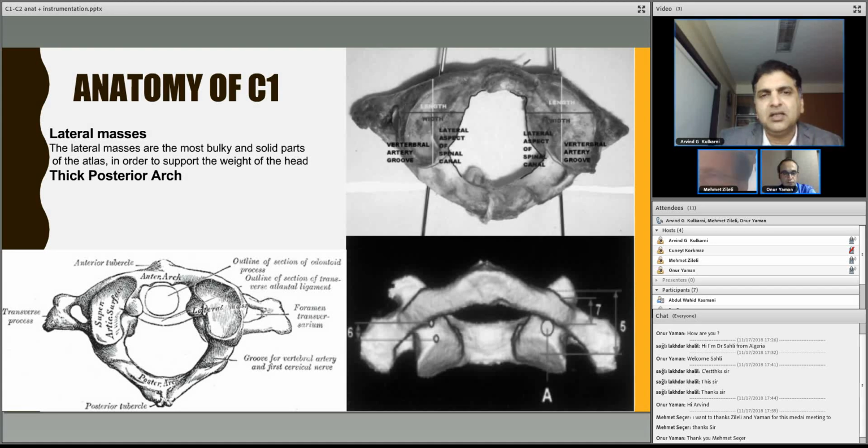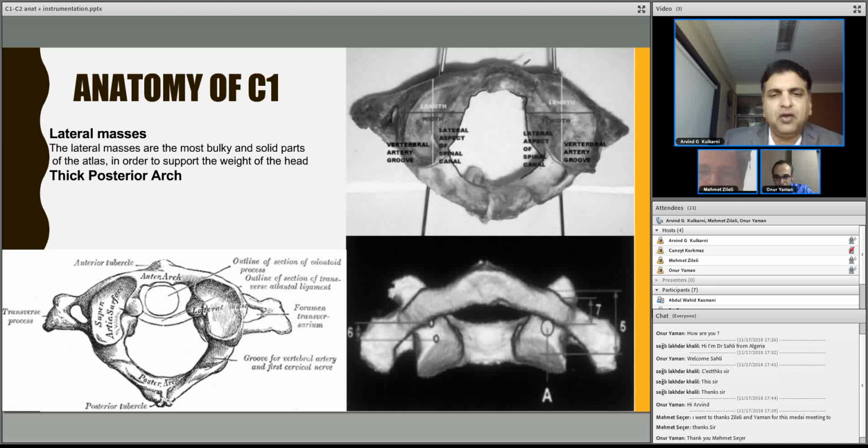So it is what is called a pivot joint. There is the dens of C2 around which C1 pivots, and since the head is placed on C1, the head moves when C1 moves around C2.